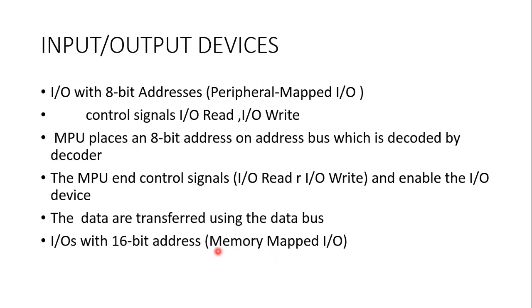The MPU uses the same kind of control signals: here I/O read and I/O write, whereas in this case memory read and memory write. When these signals are low, the instruction reads or writes into memory. So the I/O and memory share the same memory, that is the 64K.